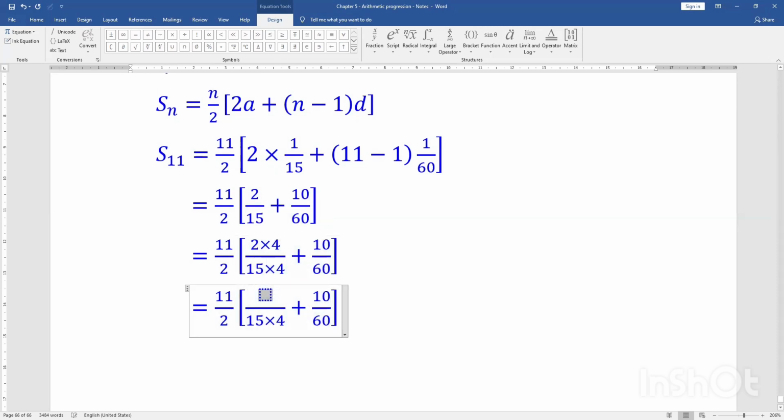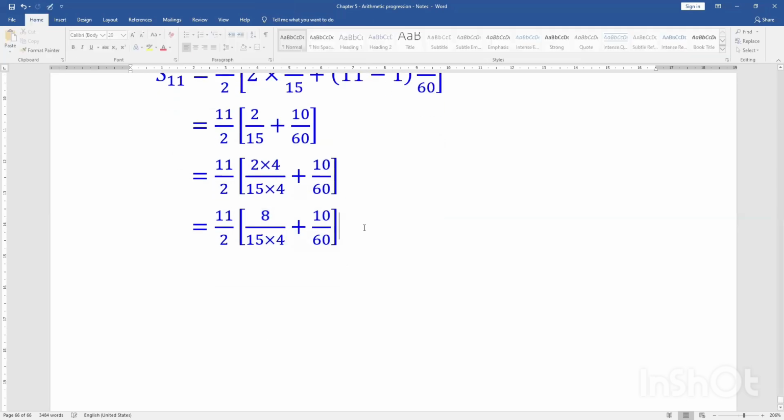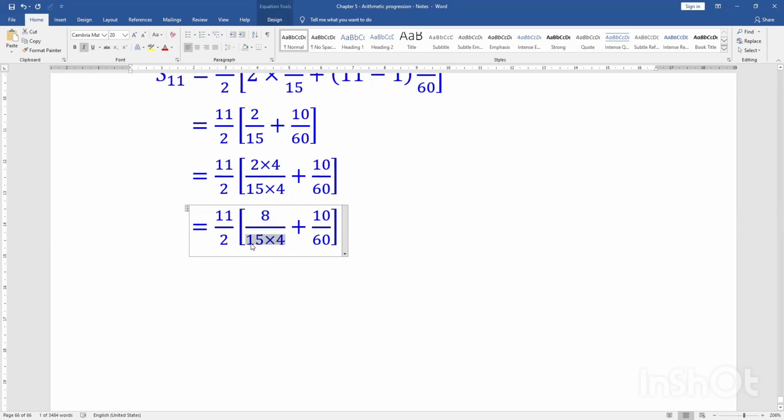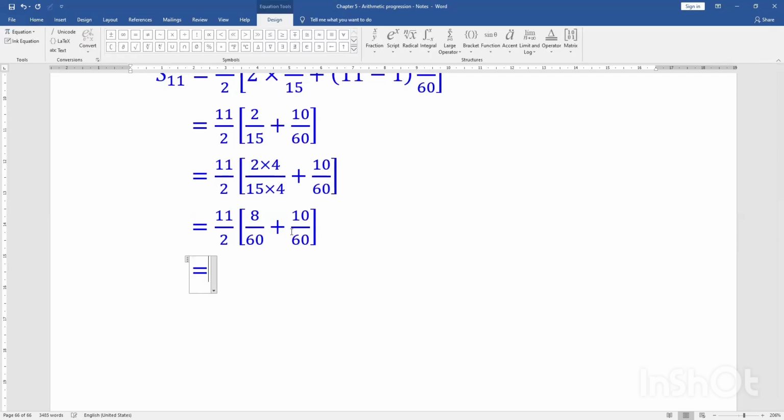And then 4 twos are 8, plus 10. So it's equal to 18. 5 fours are 20, 15 fours are 60. So it's equal to 11 by 2 into, we get 18 by 60.